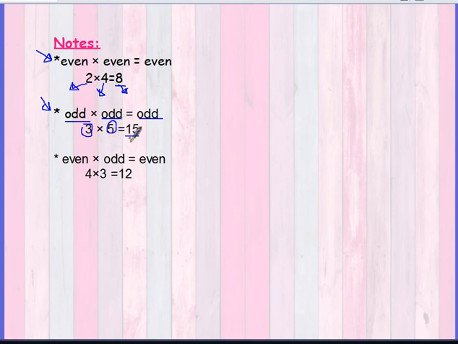The result is 15, and 15 also is an odd number. Even times odd equals even. 4 is an even number, 3 is an odd number, 4 times 3 is equal to 12, and 12 is an even number.